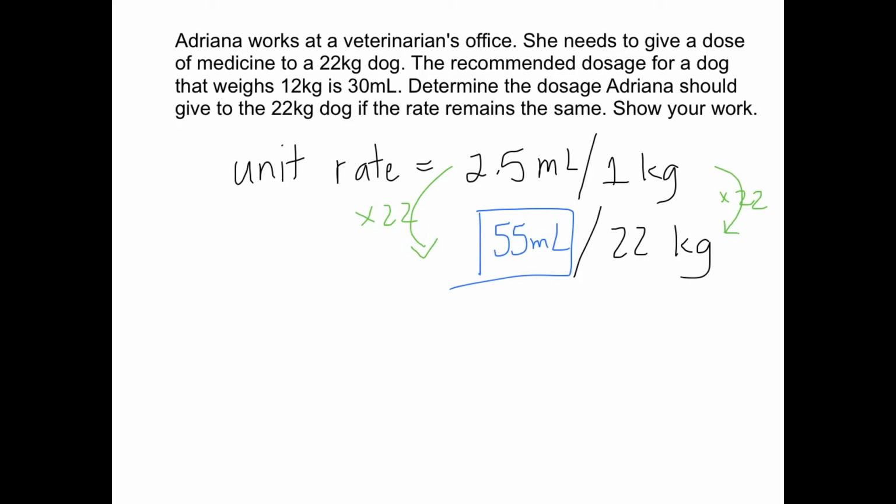Well, how do we know that our answer is correct? Well, the question told us that the rate must remain the same. That means all of these rates should be equivalent. Let's check to make sure they are. Well, the question told us that the rate was 30 milliliters for every 12 kilograms.